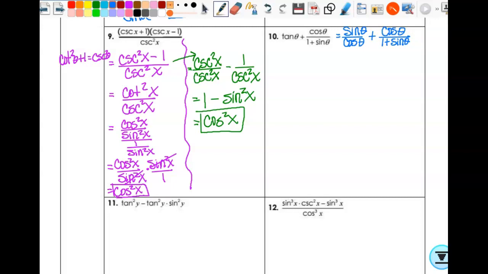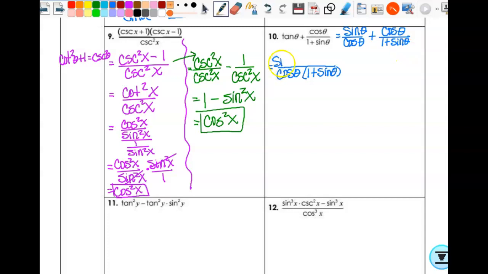Okay. So now to combine fractions, you have to get a common denominator. The easiest way to figure out your common denominator is to multiply the two denominators together. So we get cosine theta times 1 plus sine theta. That's going to be my common denominator, which means this first fraction has to be multiplied by 1 plus sine over 1 plus sine.